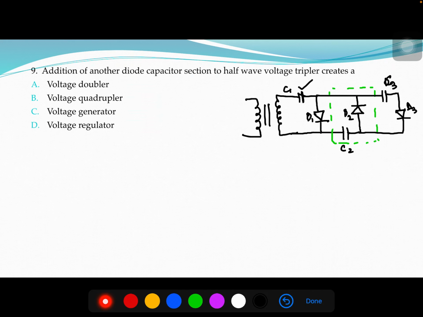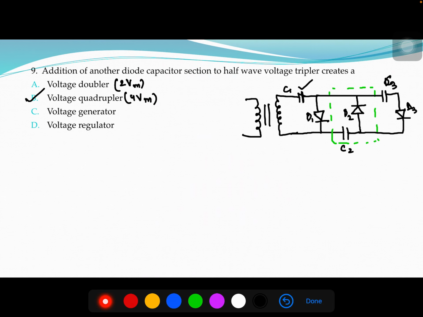When you add one more such section to it, it will become a higher level multiplier, that is a quadrupler. A quadrupler gives you 4 Vm at the output. That means if you supply an input voltage of peak value Vm, the voltage doubler will give you 2 Vm, and the voltage quadrupler will give you 4 Vm.